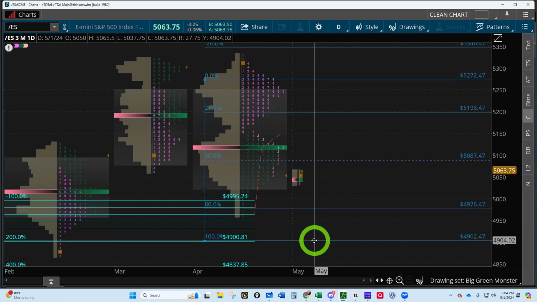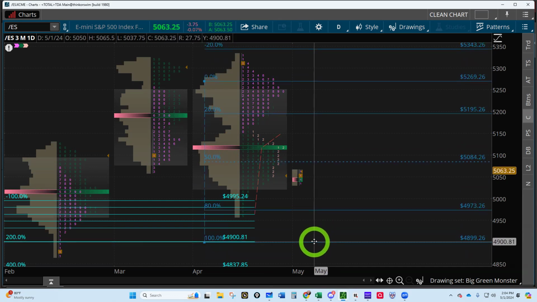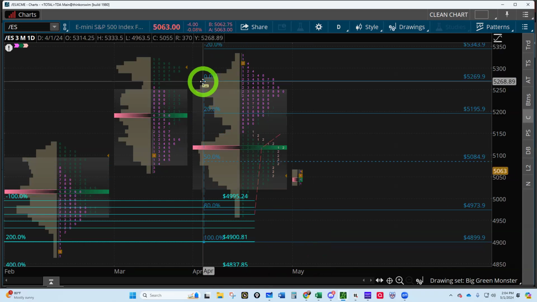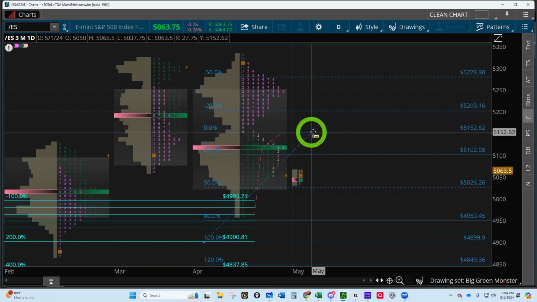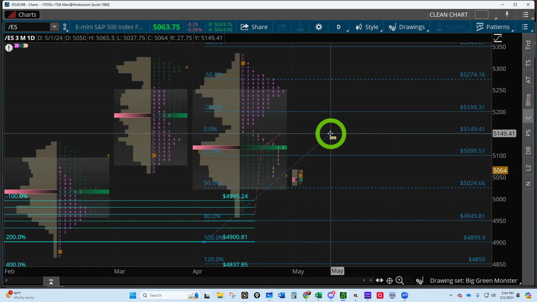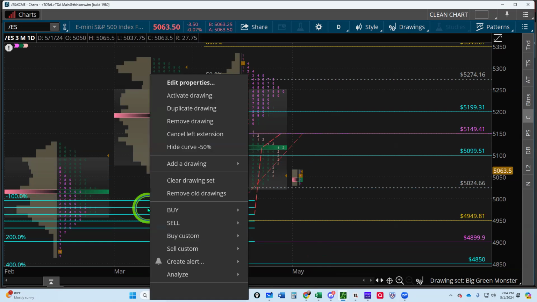Get down there, little feller. Right there. And then we drop the 0 right on the top of that little red line. Right there. So now we hit the escape key. We delete this.